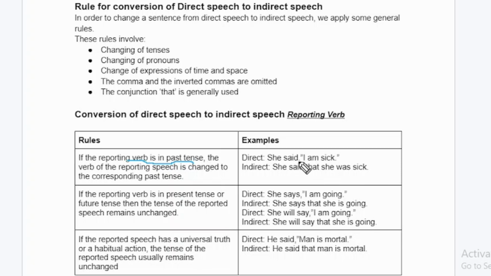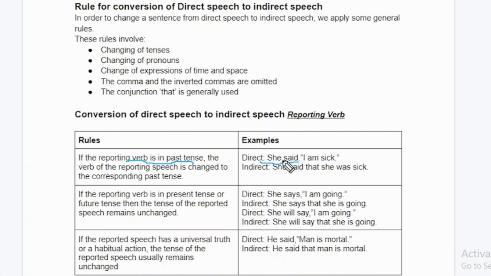So what is rule number 1? Now we will look at this reporting verb. If the reporting verb is in past tense, the verb of the reported speech is changed to the corresponding past tense.